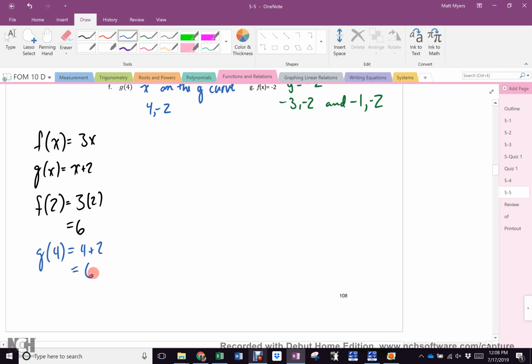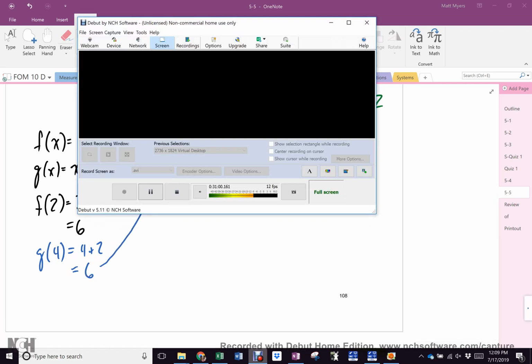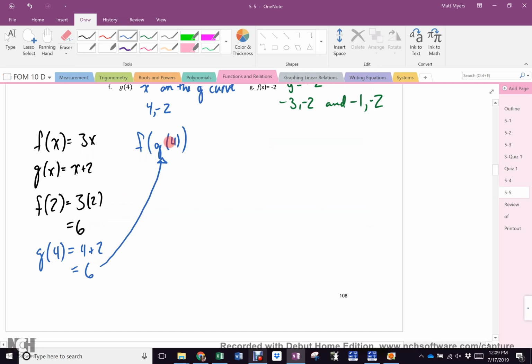Now, what if I wanted the f of the g of 4? Well, the g of 4 is 6, so that would go right there. So this is really, since the g of 4 equals 6, this is really the f of 6, which is 3 times 6, which is 18.